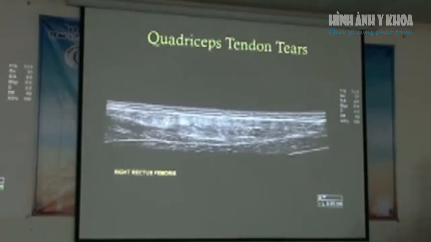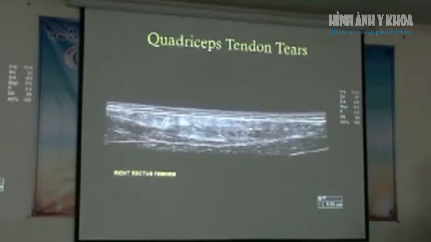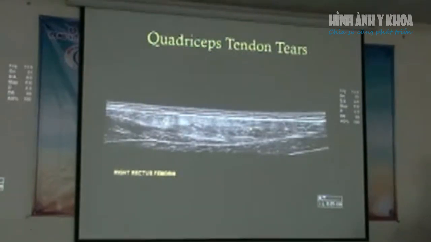The other thing that we commonly see in the quadriceps are tears within the muscle belly. Đây là một trường hợp rách cơ tứ đầu đùi ngay chỗ bụng cơ. So the quadriceps are made up of the four muscles in the anterior thigh. Of that, it's more common to get a tear of the rectus femoris.